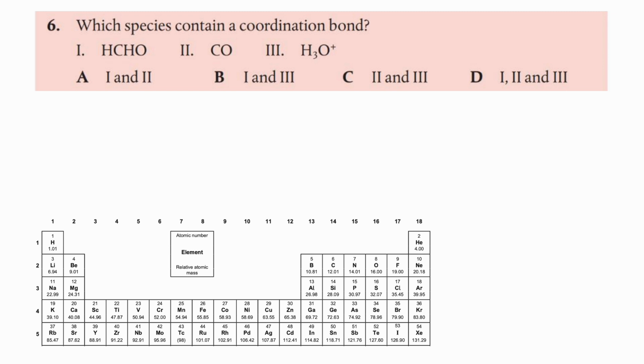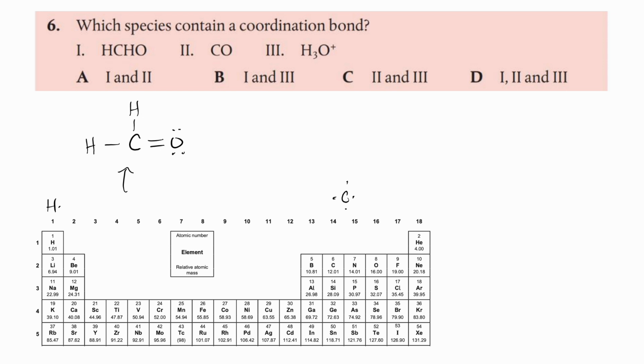So if we're talking about HCHO, that means that I have a carbon with 2 hydrogens and an oxygen, right? Now every single atom is bonding how it's supposed to be, right? Carbon has 4 valence electrons, so it's supposed to have 4 bonds. It does have 4 bonds here. Hydrogen only has 1 valence electron. It's only supposed to have 1 bond.